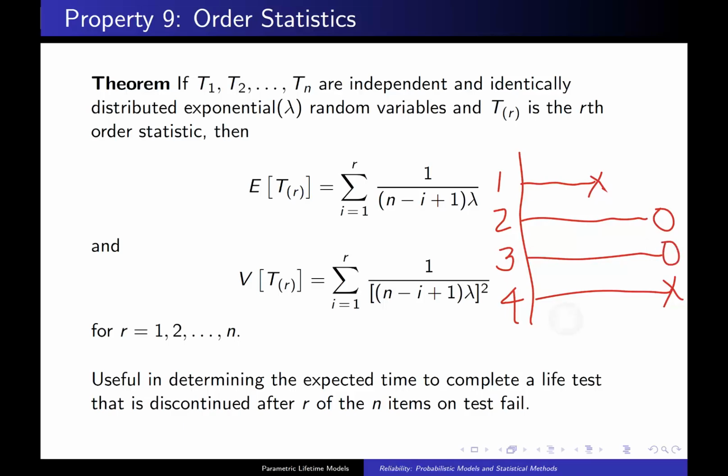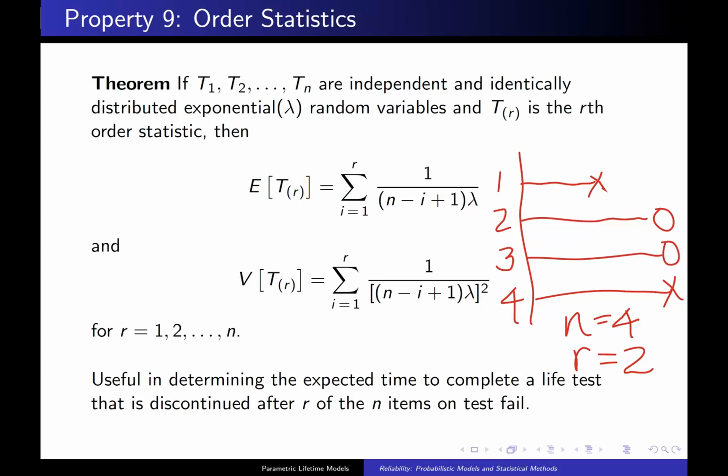In this case, we have n equals 4 items on test, and let's say we terminate that test when the second failure occurs. So bulb 1 was the first to fail, bulb 4 was the second to fail. We stop the test, which means bulbs 2 and 3, their lifetimes are right-censored.